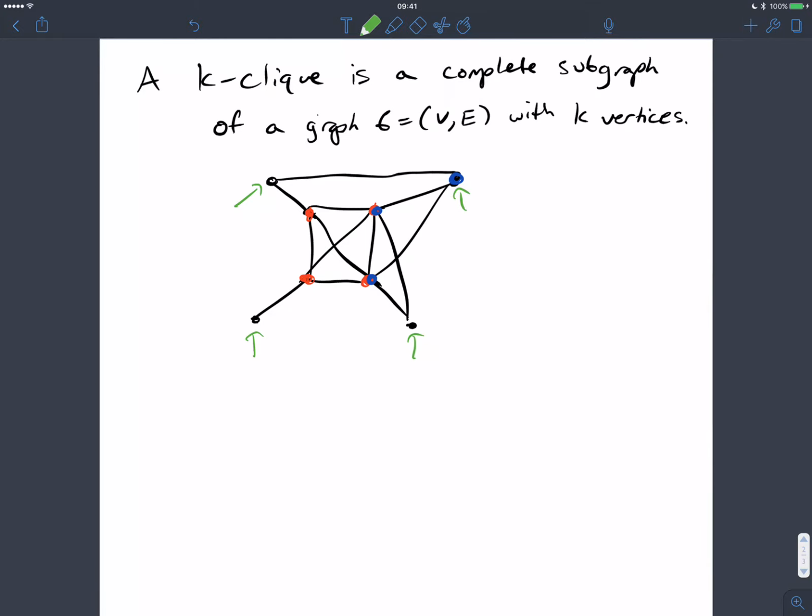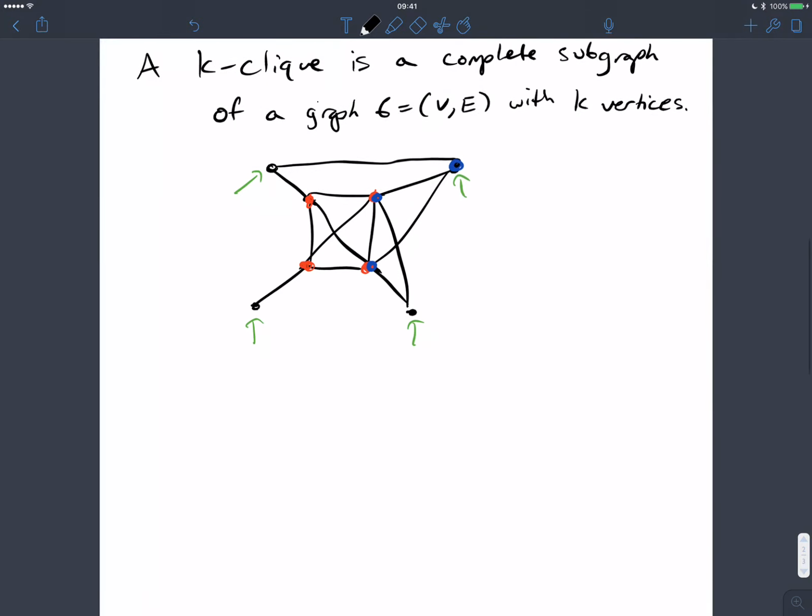Okay? Can I do that verification in polynomial time? Yeah. Well, how much work do I need to do? Well, among the k things, I just need to check roughly k squared pairs. And so that's clearly polynomial. So I can check this efficiently. Okay?